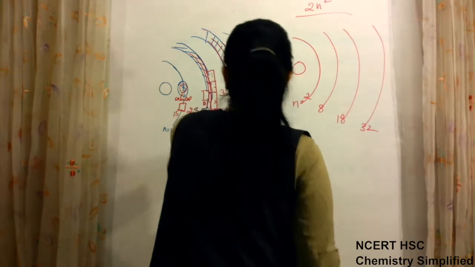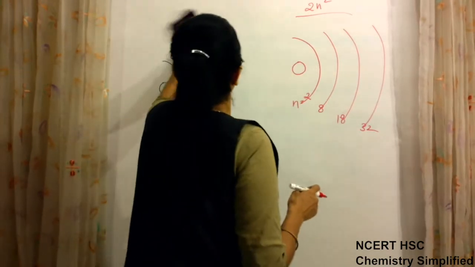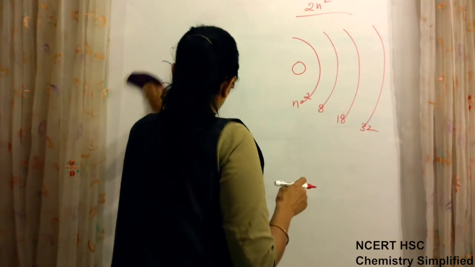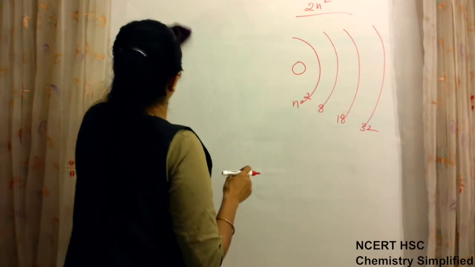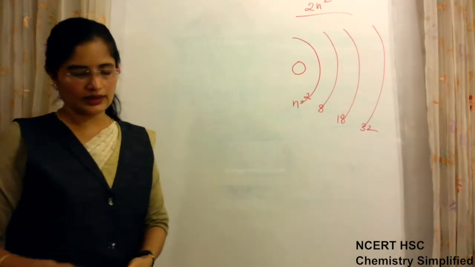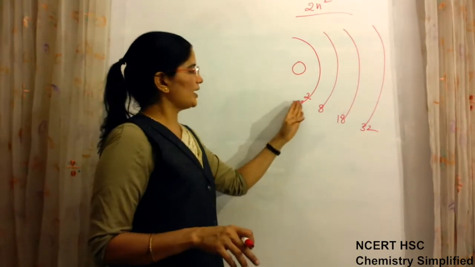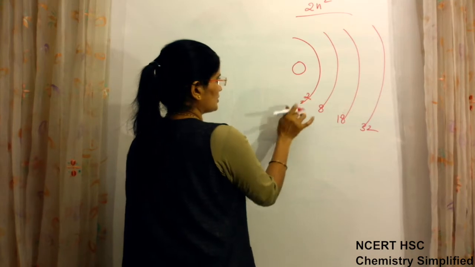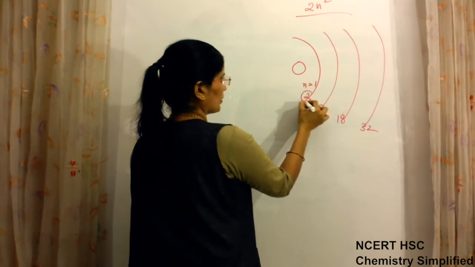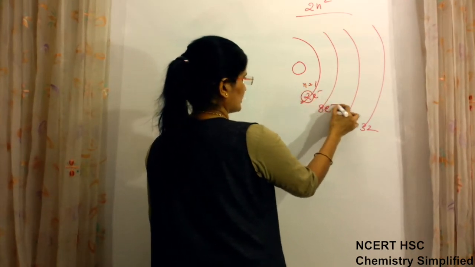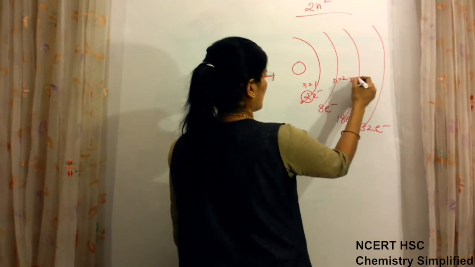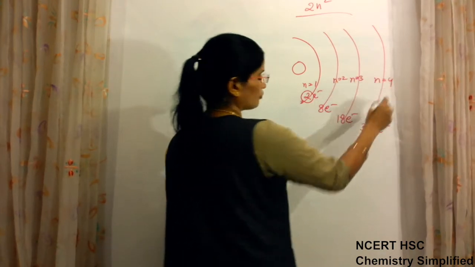Now what we have to understand is this: n is equal to 1, 2, 3, 4 have 2, 8, 18, 32 electrons.